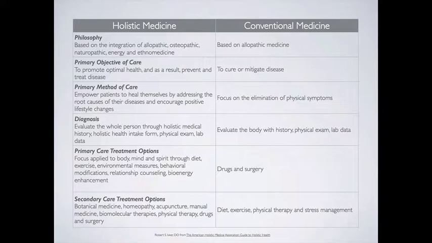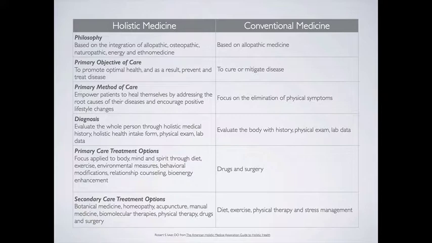And so the job and the method of care here is to empower patients to heal themselves by giving them the tools they need to, one, identify their root causes, which is not always easy. So start to put all those pieces of the puzzle together, which can take some digging, and then encourage, of course, all of the positive lifestyle changes that will help to resolve those root causes and ultimately empower them to be healthy and stay healthy. That's another big part of this.